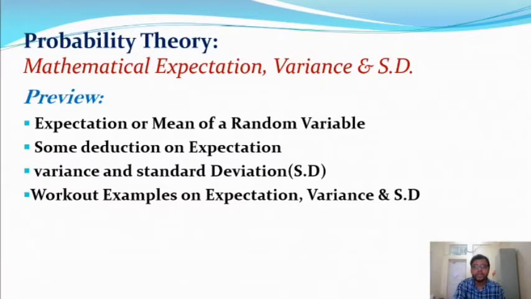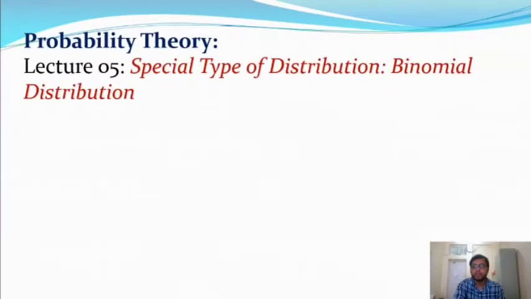Today we are going to discuss a special type of distribution, that is, the binomial distribution. This is my fifth lecture on probability theory, and the third chapter on probability theory as well. In that chapter there are 5 or 6 special types of distributions.